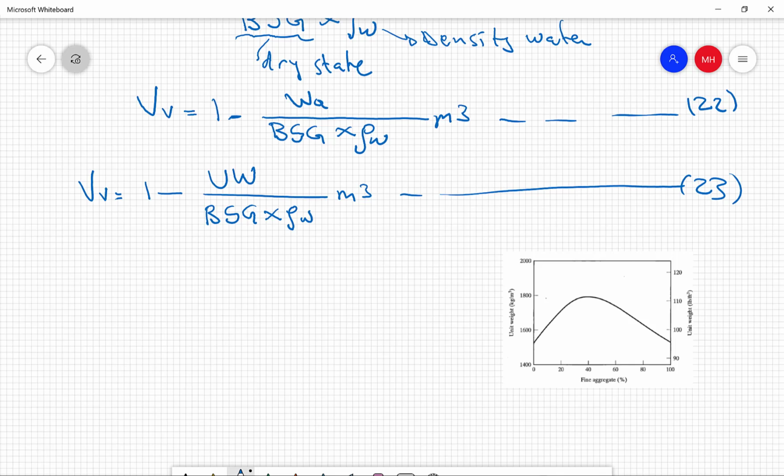Or we can actually express it as percent, percent voids.